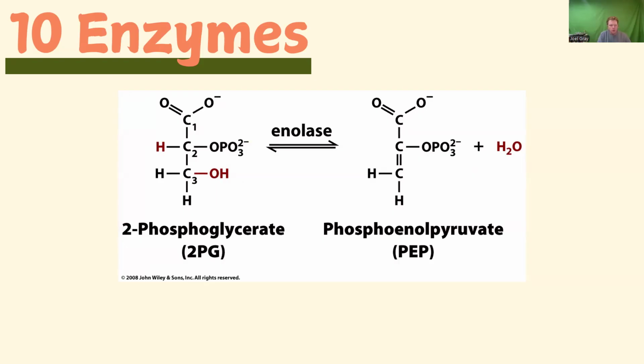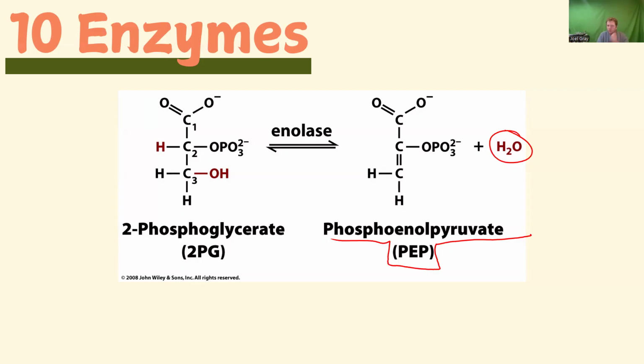Enolase, okay. Well, what are we doing? We're making water. We're releasing a water. The product is phosphoenolpyruvate. Now, that phosphoenolpyruvate that we're generating is an important high energy molecule.